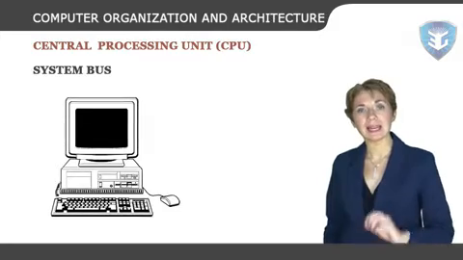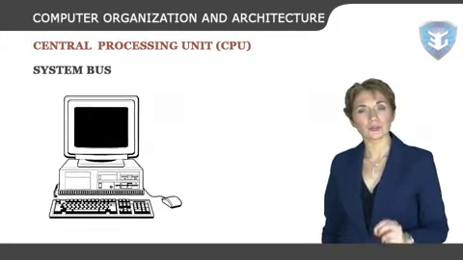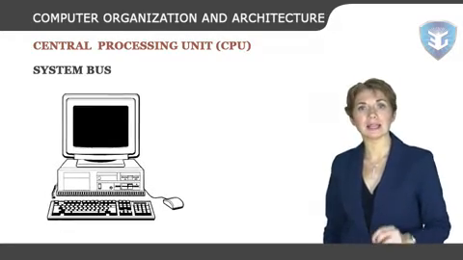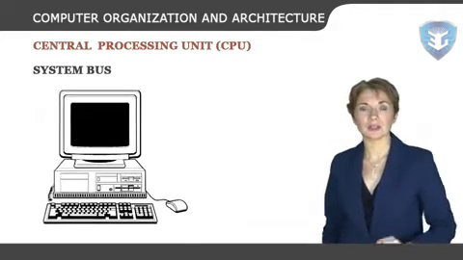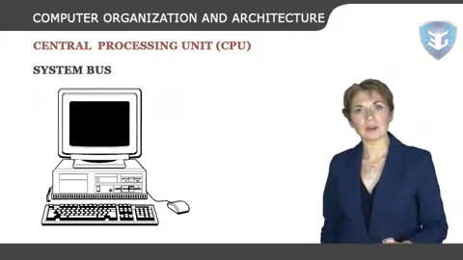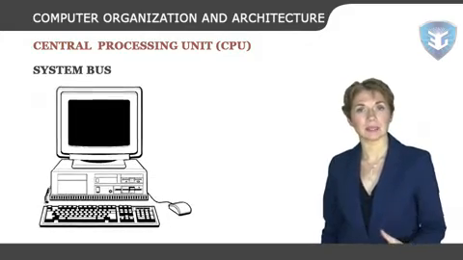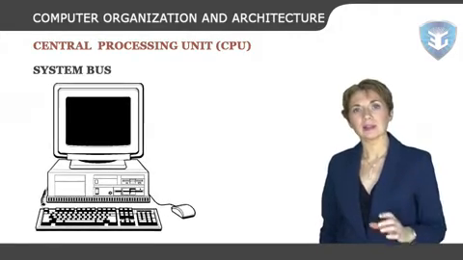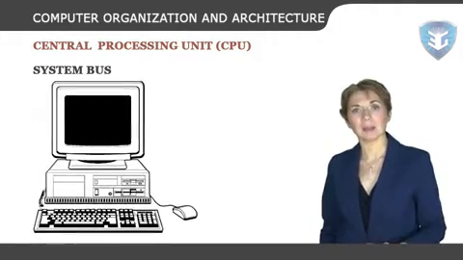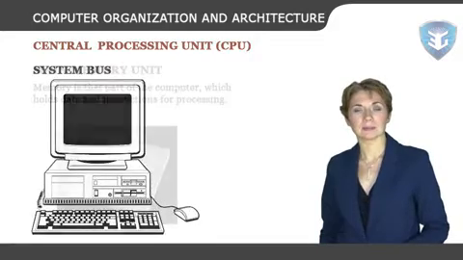Multiple devices connect to the bus, and a signal transmitted by any one device is available for reception by all other devices attached to the bus. If two devices transmit during the same time period, their signals will overlap and become garbled. Thus, only one device at a time can successfully transmit.